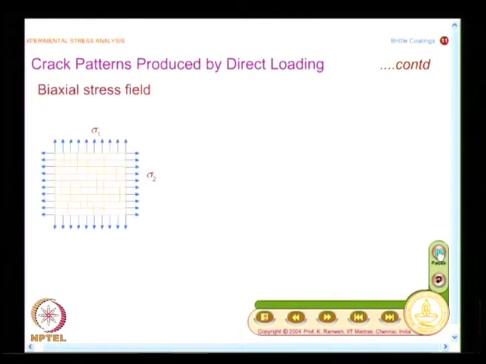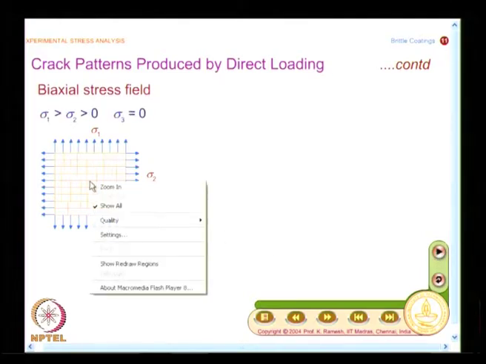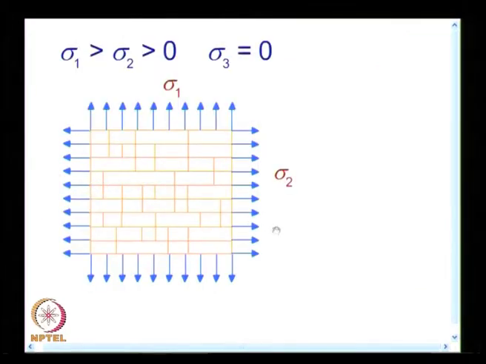Suppose I have a tension combination, what happens? And where do you have this tension combination in your engineering? See, engineers always deal with pressure vessels, and once you go to the pressure vessel, you have hoop stress as well as longitudinal stress.